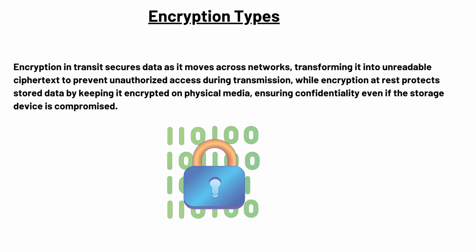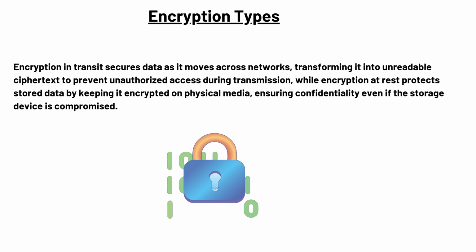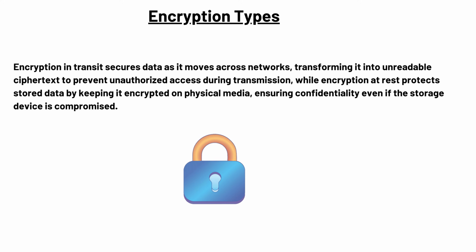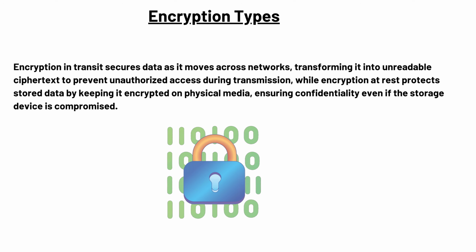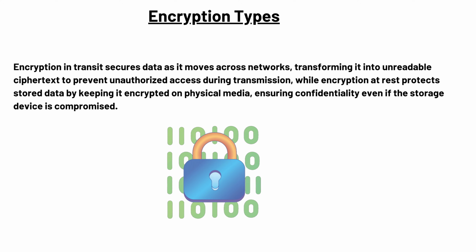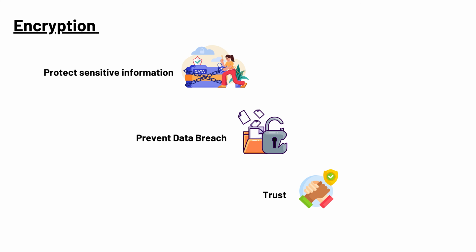So that is encryption in transit. Again, encryption in transit is for data which is moving from one place to another, between services, between user and server. And encryption at rest is for data which is stored on a device like Google Drive, on your personal computer, an S3 bucket, etc.